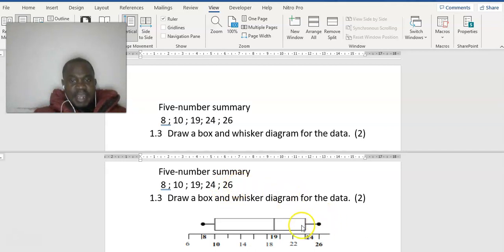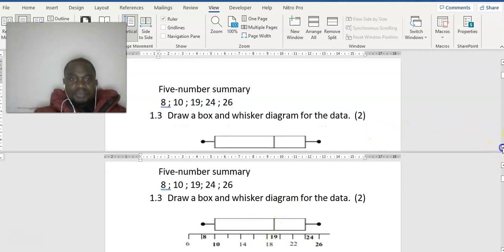So you draw the line to it. From Q1 to Q3, it must be a box. So Q1, Q2, Q3 must be in the box. Then you join the line from the minimum to the box, then from the box to the maximum. So this is our box and whisker diagram.